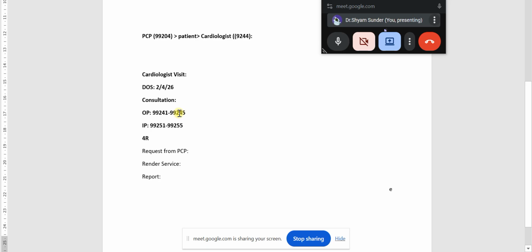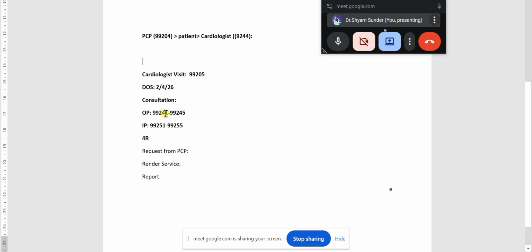So this is not a consultation. The cardiologist has to use the 99205 series codes because the patient is not going back to the PCP, so it is not a consultation. The cardiologist has to bill the office visit codes 99205, 204. So both are interconnected; we have to go by the scenario.